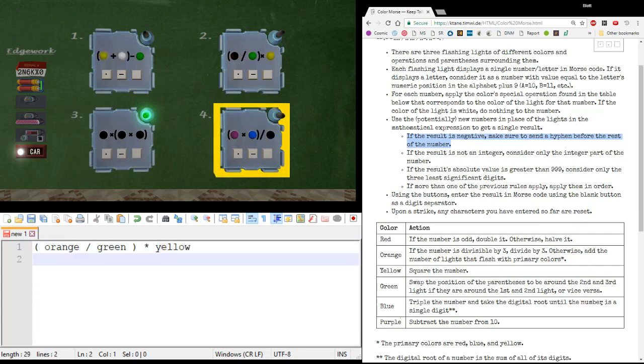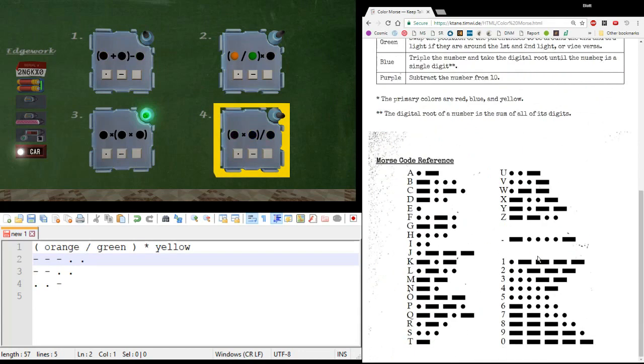My Morse characters are dash dash dash dot dot, dash dash dot dot, and dot dot dash. So again, we'll convert these characters from Morse to numbers, or letters and then to numbers. Dash dash dash dot dot is 8.